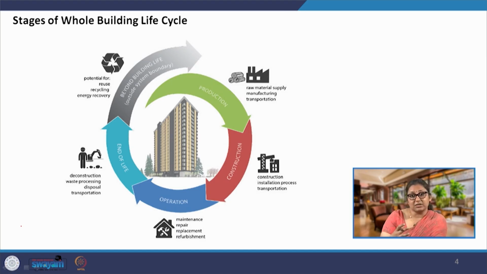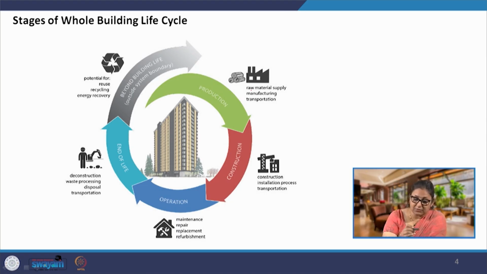If we say glass, so the extraction of sand is where the whole process will start. Now, all the materials that are going to be used in the building, which may of course be used in a manufactured form, in a processed form, the extraction of raw material is the starting point.